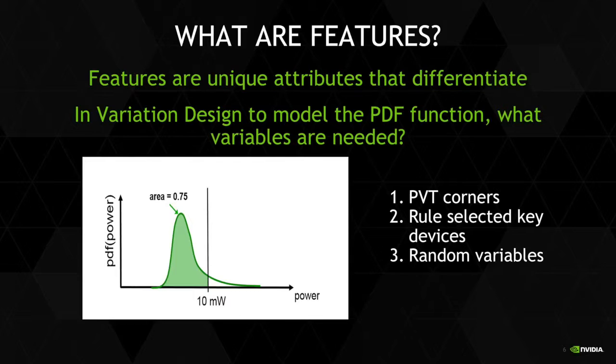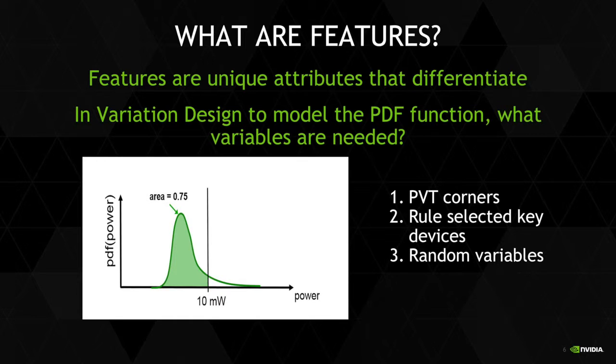So the natural question would be, so what are features? Well, I put an example that people are a little more familiar with. So in Variation Designer, if you want to model a probability density function, you have to have attributes. So features are essentially attributes that differentiate between one thing over another.